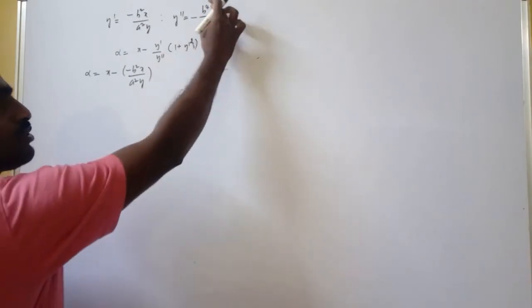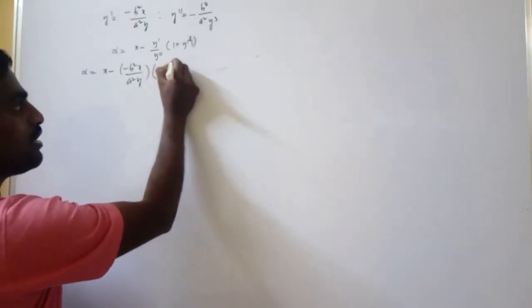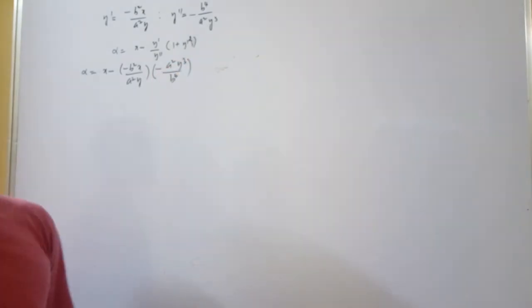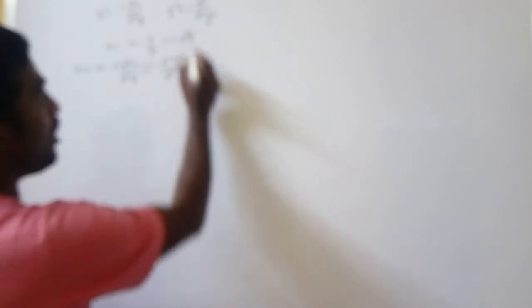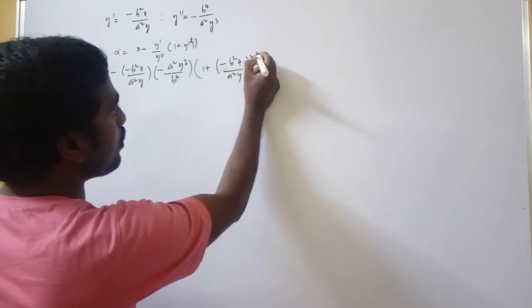So you can substitute this value in the reverse form. That reverse form is minus a square y power 3 by b power 4 into the next one, 1 plus y dash value, minus b square x by a square y, whole power 2.